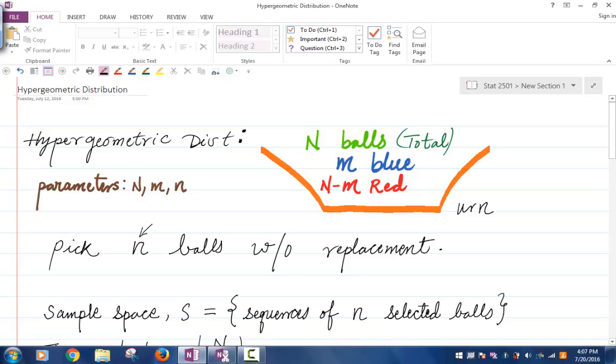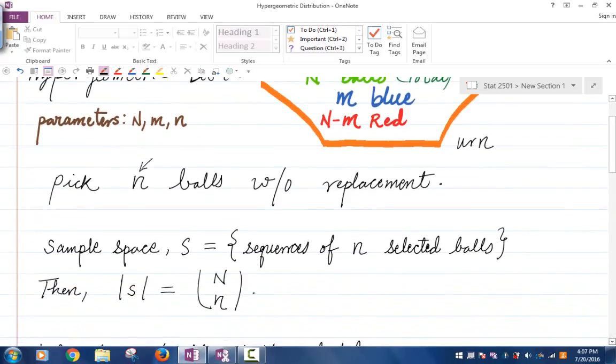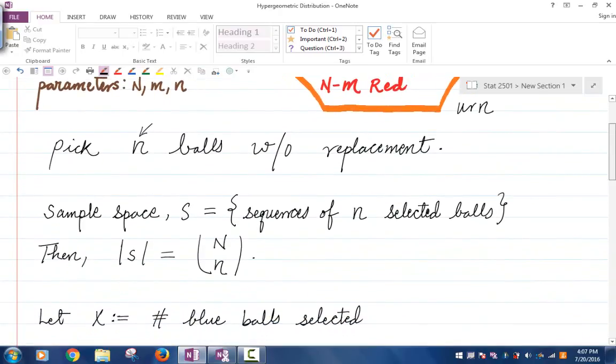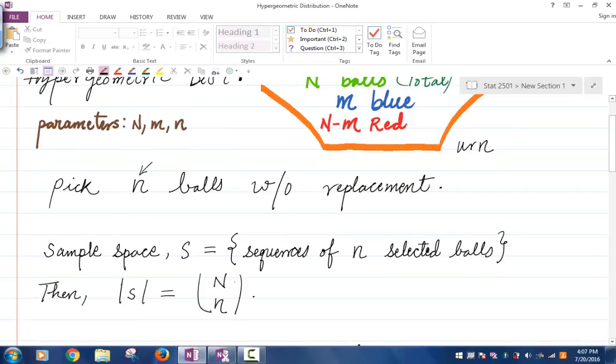Assuming that order is not relevant, the number of sequences of n balls selected from an urn containing a total of capital N balls would be given by the binomial coefficient capital N choose small n. Once again, that is the binomial coefficient capital N choose small n.